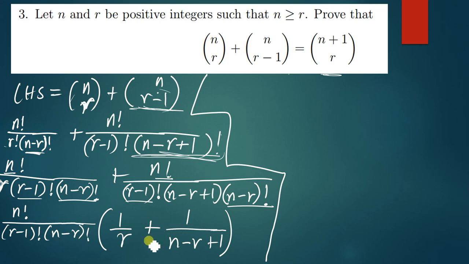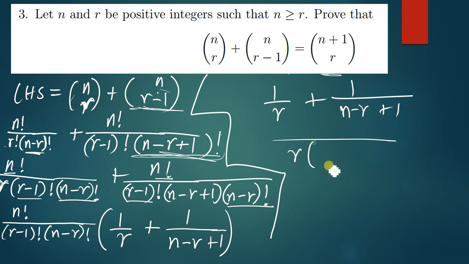So we find the common denominator here. Okay, before we do that, let me just simplify this part and then I'll write it somewhere. So simplifying this, we're going to have 1 minus r plus 1 over n minus r plus 1. So the common denominator will be r, open brackets, n minus r plus 1. And then this into that will give us this times 1, we get n minus r plus 1 there.